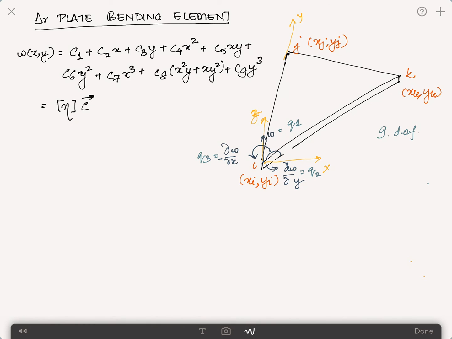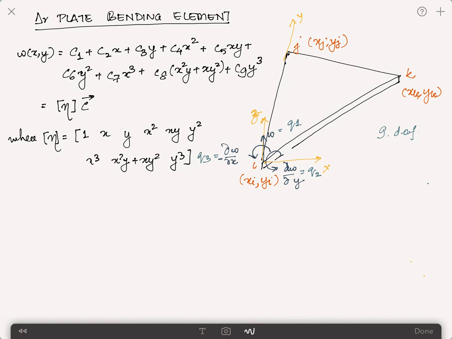Simple. So if I want to put eta together, eta can be written as 1, x, y, x², xy, y², x³, x²y, xy², y³.